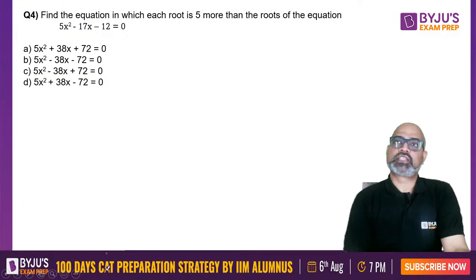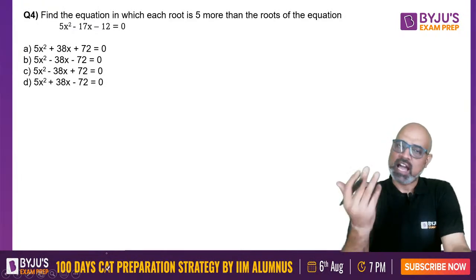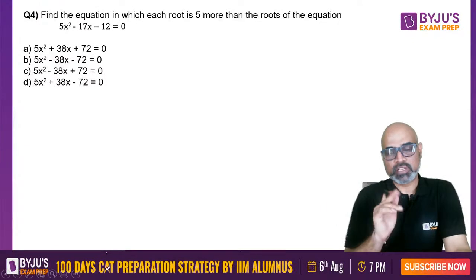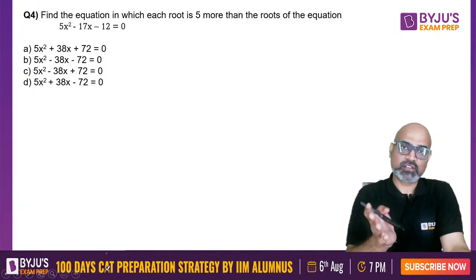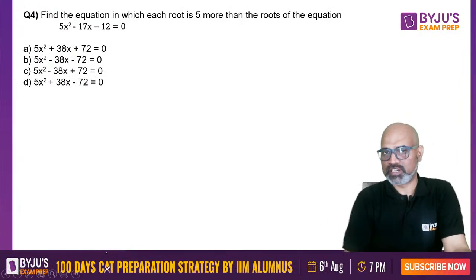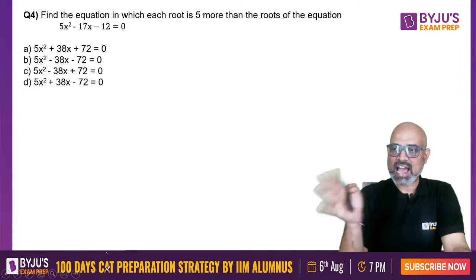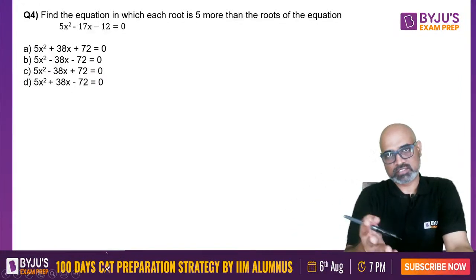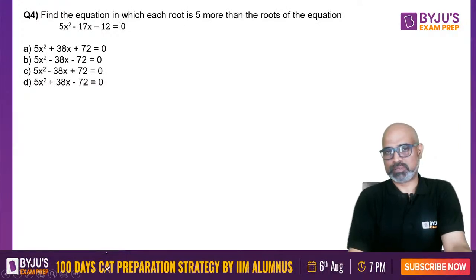How do you deal with such kind of questions where the roots of a new quadratic or cubic or any higher degree polynomial have roots in a certain format changed as compared to a given quadratic, cubic, biquadratic or higher degree polynomial? Do you figure out the roots, then add or multiply whatever is asked, then put it back in a new equation, or do you have some simpler method for this?